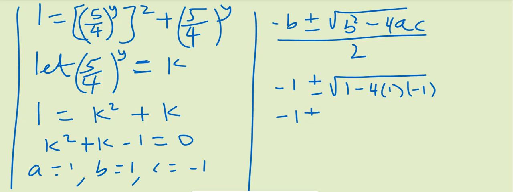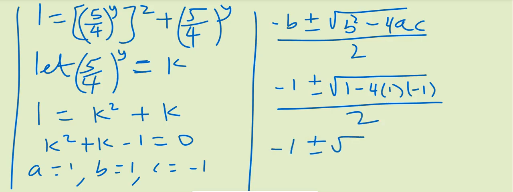Minus 1 plus or minus square root of 5, sorry, I should put over 2 here before moving on. So I have minus 1 plus or minus square root of 5, divided by 2. So I've gotten the k value. Don't forget, the question did not ask me about k. The question asked about y and x.